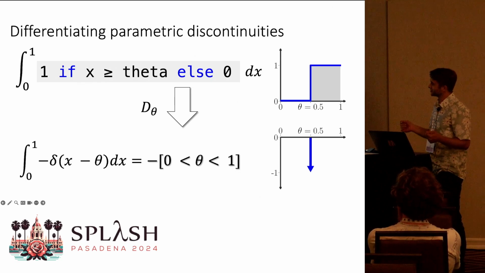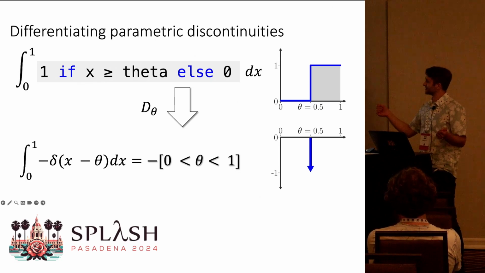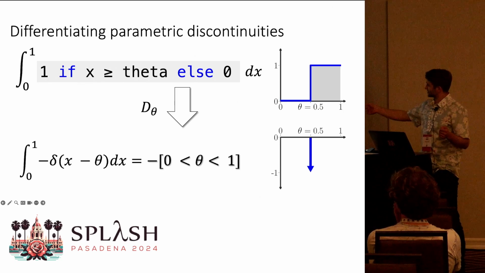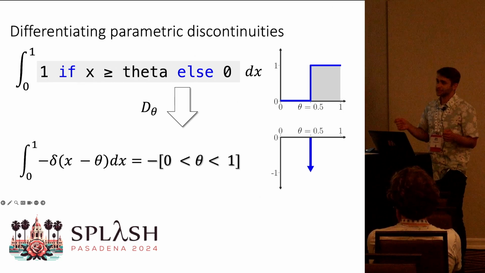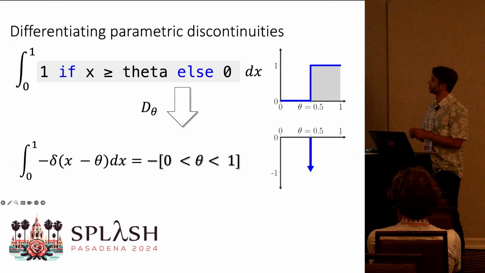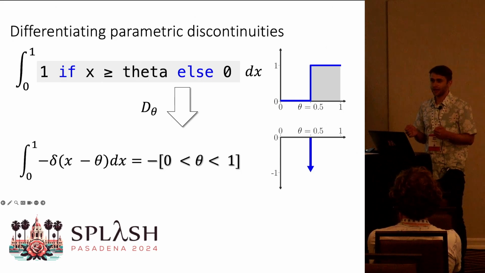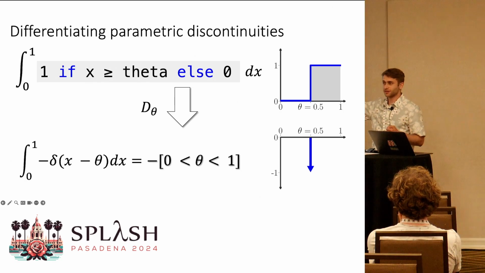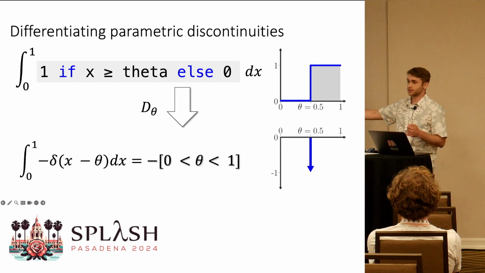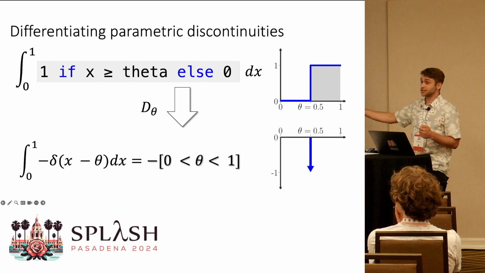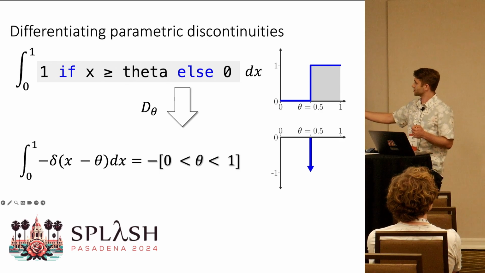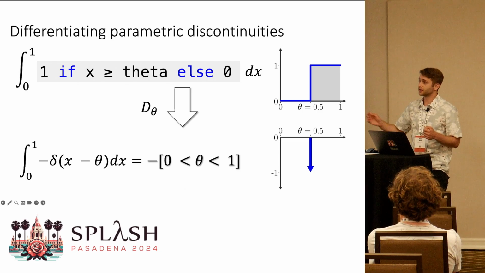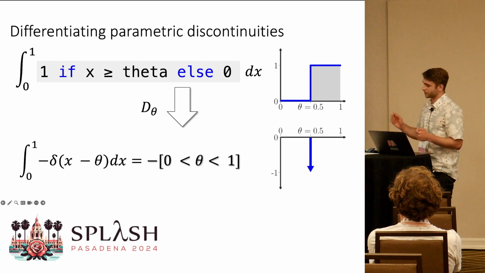And the solution is this interesting thing called the Dirac delta, which is this spike, precisely at the location of the jump discontinuity. And I'm just going to explain this Iverson bracket notation, which is 1 if theta is between 0 and 1, and 0 otherwise, right? So in this case, we have -1, because theta is 0.5.